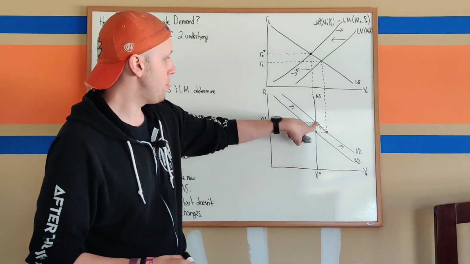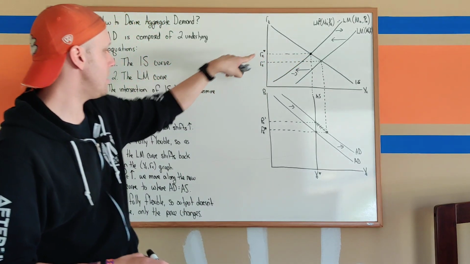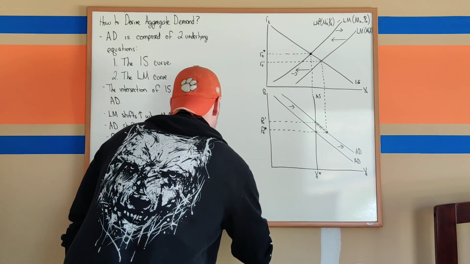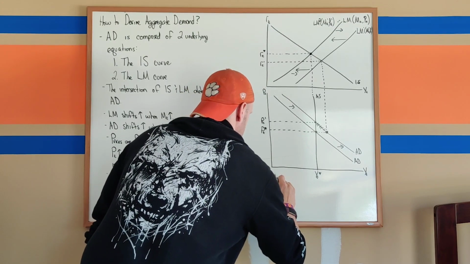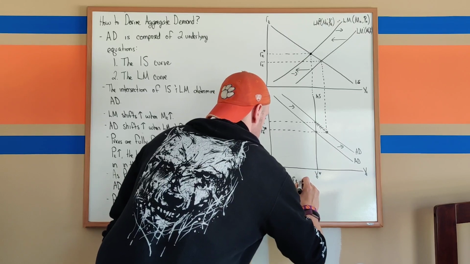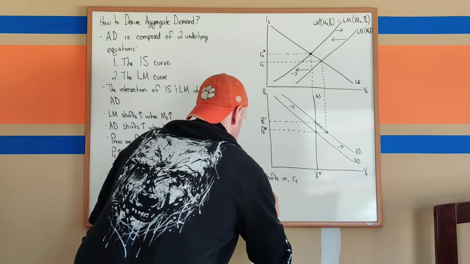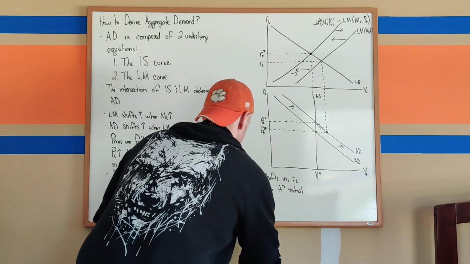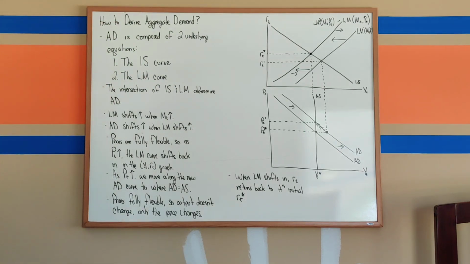And as we move back up over here and the LM curve shifts back in, what happens is we return to exactly the same interest rate that we were at before. So it returns back to its initial interest rate, r star. So why does it do that?